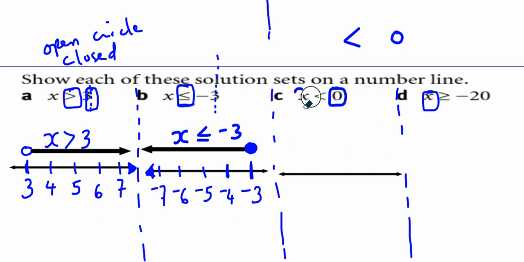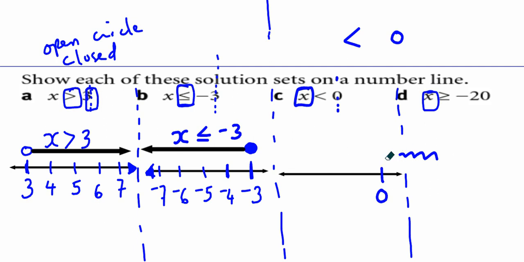We are trying to identify all numbers which are less than 0. So the reference point is 0, and we have to show all numbers which are less than 0. If we put our 0 here, on the right hand side of 0 we get numbers like 1, 2, 3, 4, 5, which are bigger than 0.